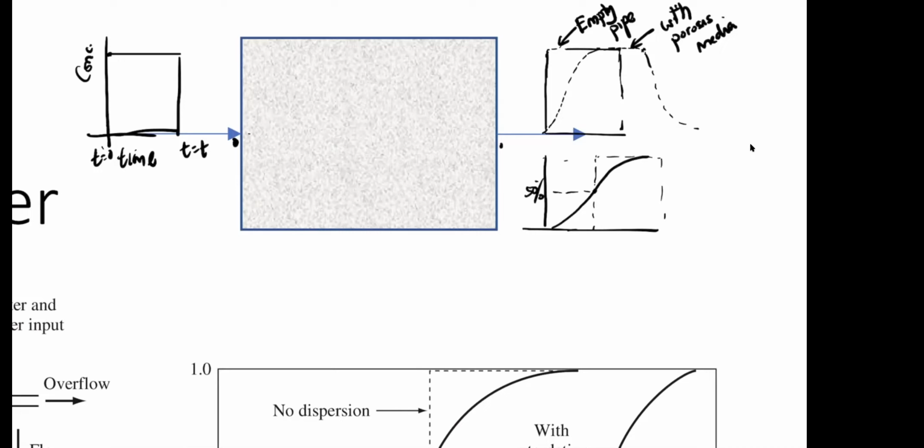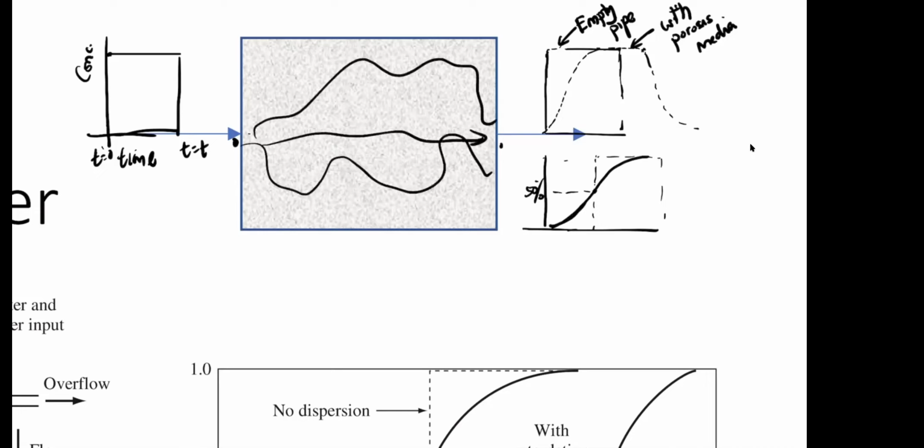Partly, some of them move faster because of short circuiting, and some slow down because some pollutants will move like this. Because of this dispersion, you will see this dispersion coefficient. And this is how far it spreads, that is the dispersion.